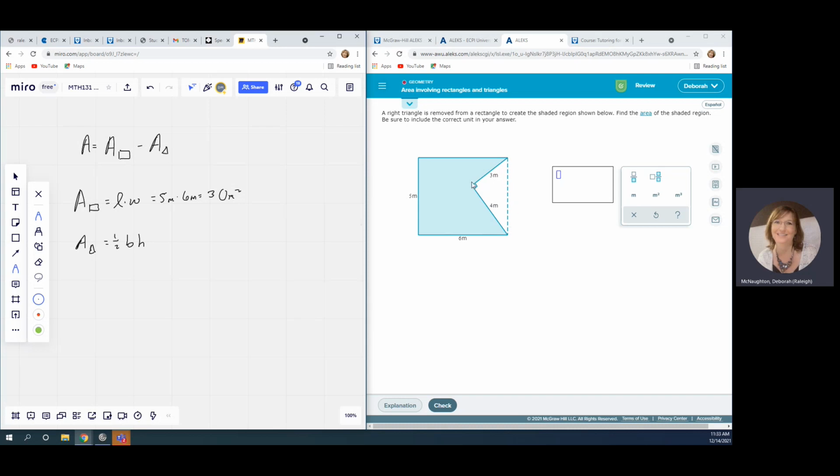So the way it works with the right triangle is that wherever the right angle is, it's always going to look like this. And so my height is 3 and my base is 4. I don't think they ever give you the wrong part. So this is my base, this is my height.